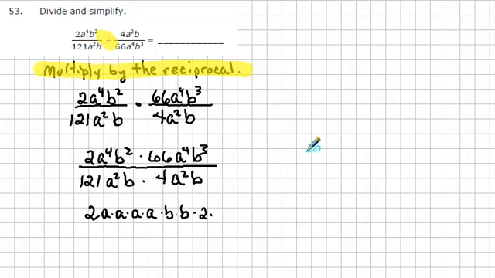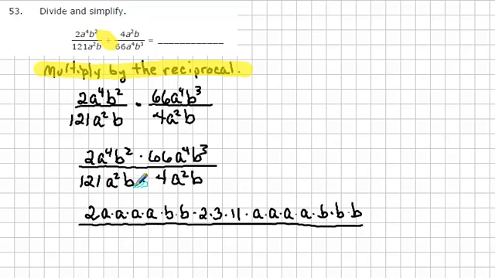So this is 2 times 3 times 11 times a times a times a times a times b times b times b, all over 121. 121 is the square of 11, so we have 11 times 11 times a squared, that's a times a, times b, times 4, which is 2 times 2, times a squared, which is a times a, times b.